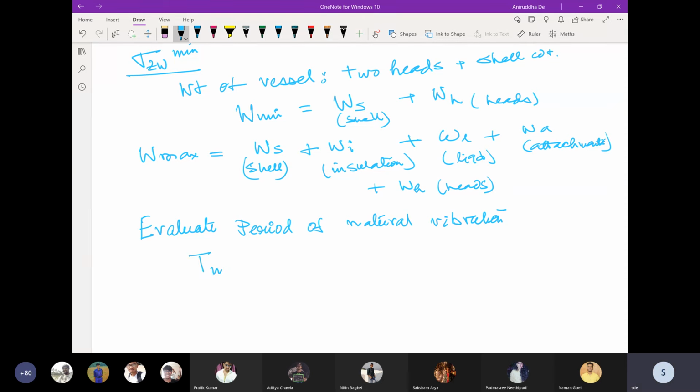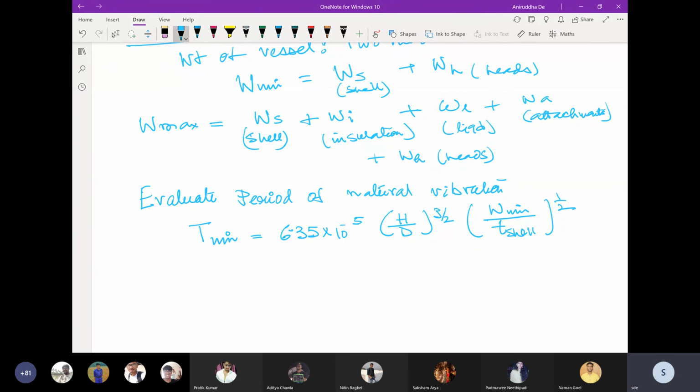So T minimum should be 6.35 into 10 to the power minus 5, h by d to the power 3 by 2, W minimum divided by T shell, all to the power half.